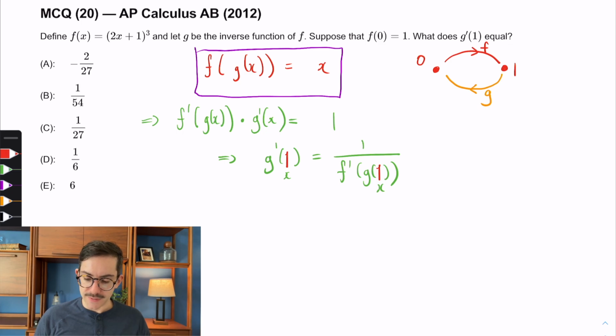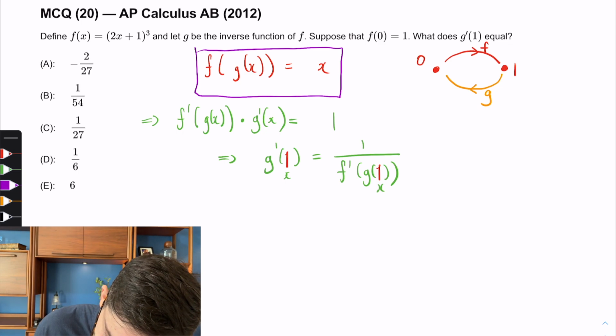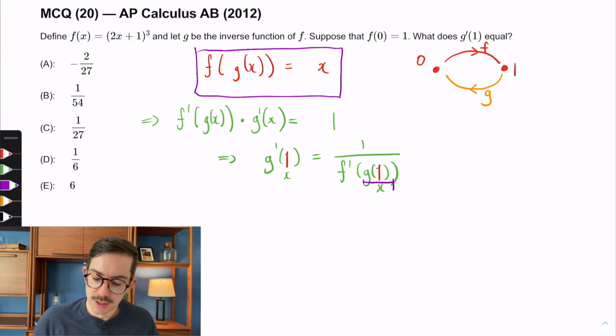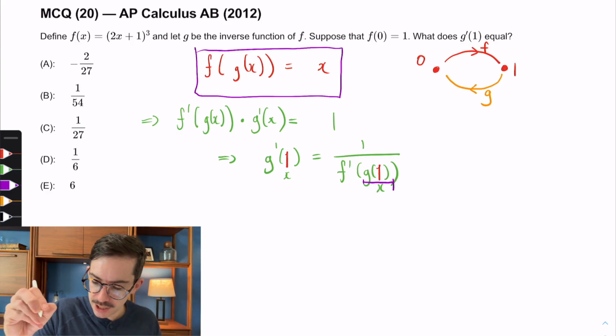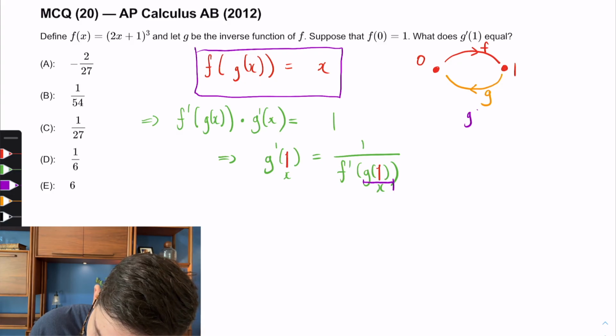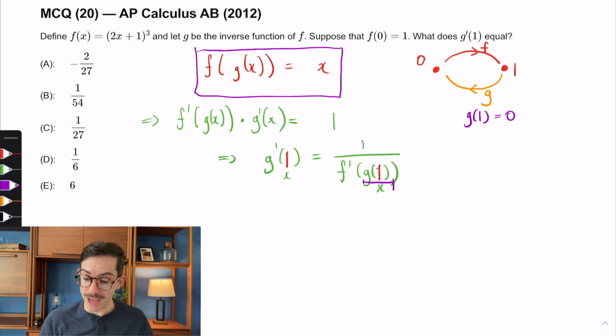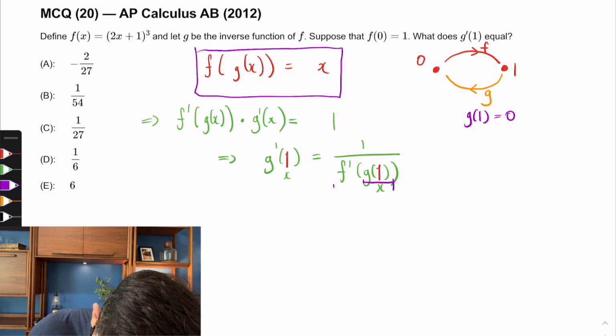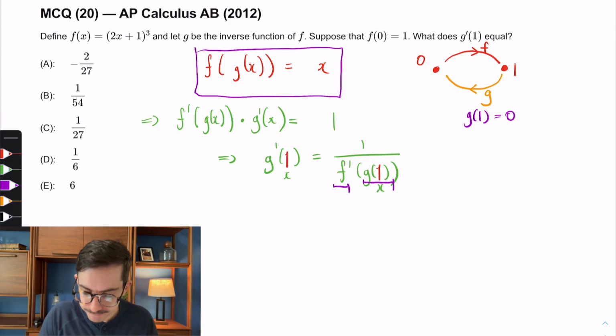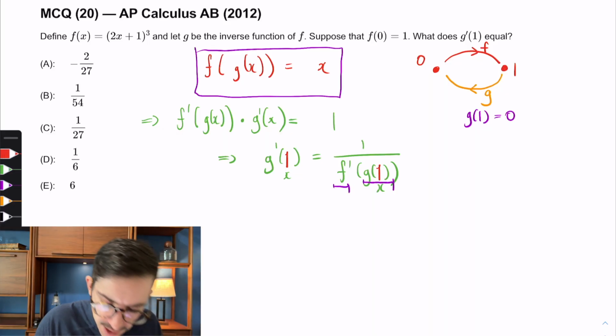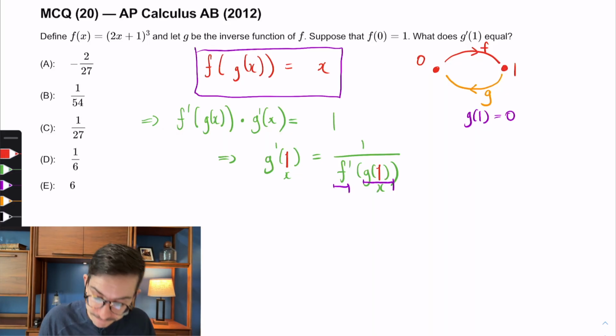So let's figure out, what do I need to know? Well, I need to know g of 1. But I already figured that out, right? From my little diagram up here. g of 1 gets sent straight back to 0 because we're undoing what f did. The other piece I need to know is f prime. Well, I have the rule for f, so I can take its derivative.